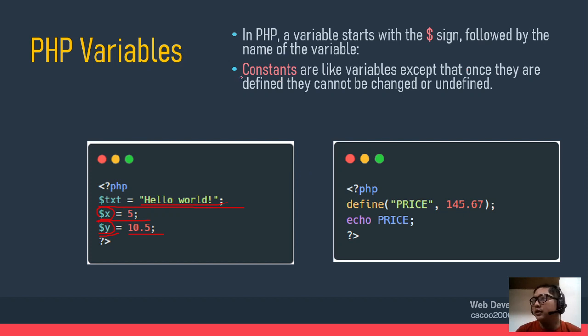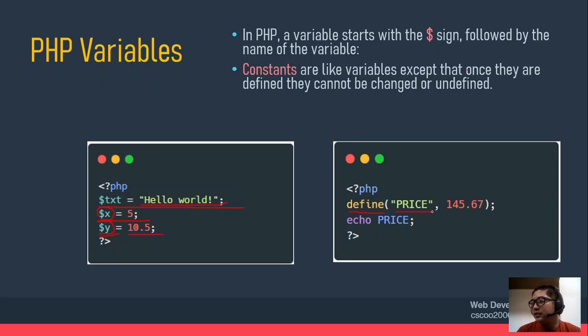Constant. You can also declare constants in PHP. Constants are like variables except that once they are declared or defined, they cannot be changed or undefined, which means you cannot change any value of the constant. So how do we do that? You use the word define followed by the name of the constant.